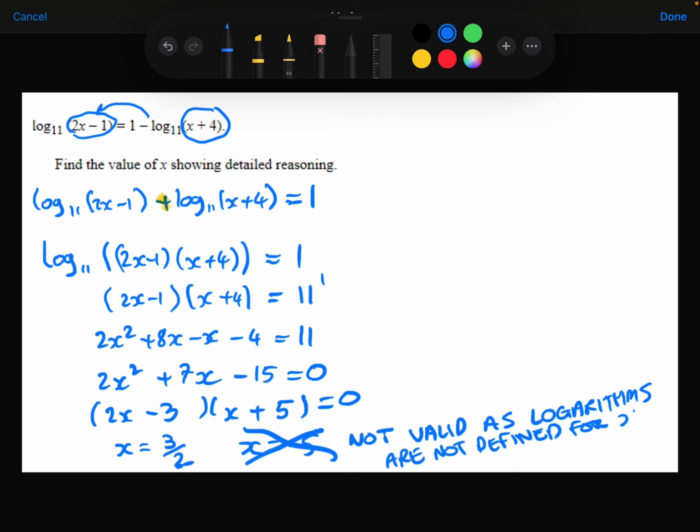Not defined for less than 0. So 3 over 2 is my only answer.